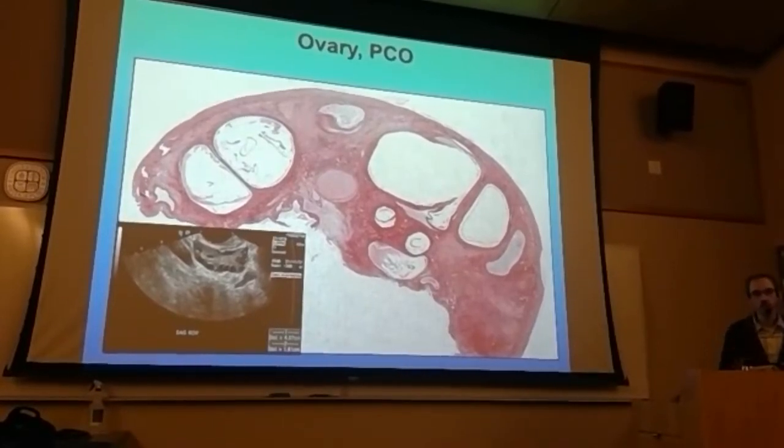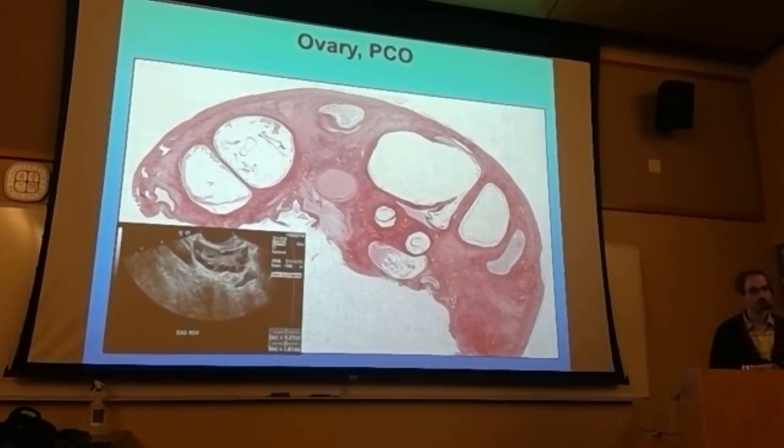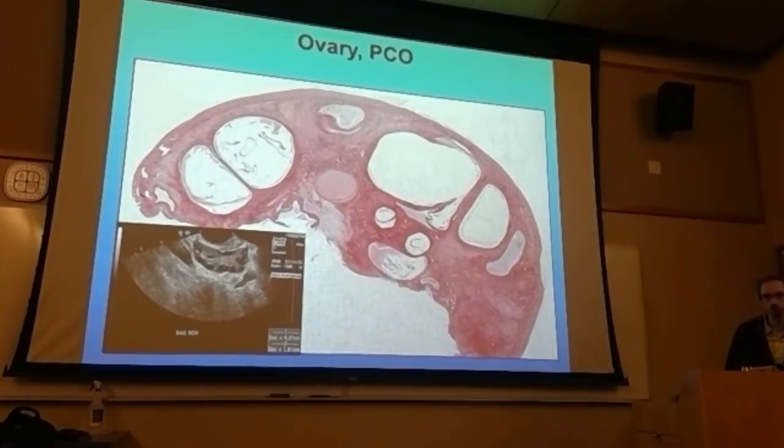Again, any two of those three criteria will get you the diagnosis of PCOS. What's the third one? Polycystic ovaries by ultrasound. So, anovulation, excessive androgen production, or polycystic ovaries. Those are the Rotterdam criteria.